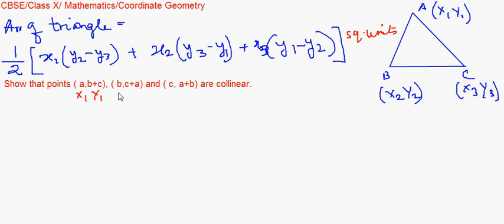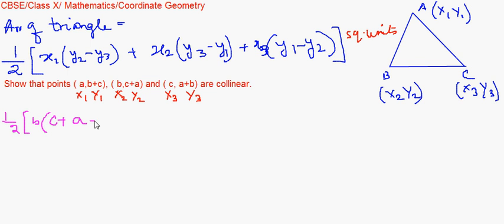y1, this as x2, y2, this x3, y3. We simply apply the formula half x2 is B, y2 minus y3.